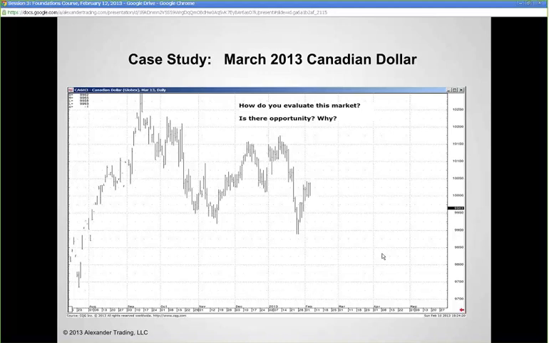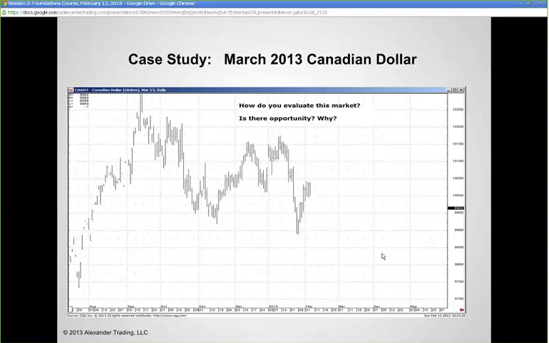Something else: the reports that I do at night and in the morning, there is a method to the madness of those reports. When I tell you that we have a bias to the downside of this market, we're favoring short trades, that's giving you information that you can use. And this is an example.